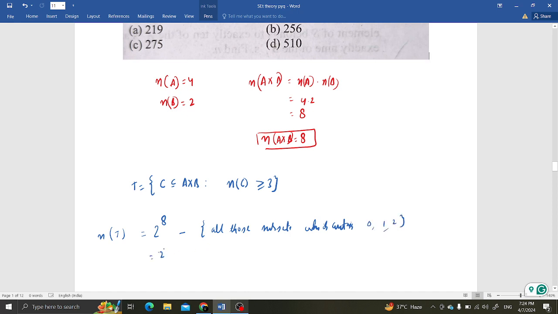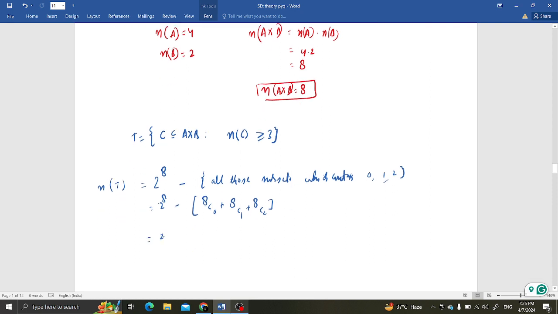So actually 2 raised to the power 8 minus 8C0 ways, 8C1 ways and 8C2 ways. Actually they are, 8C0 means the empty set. 8C1 means the collection of all those singleton subsets of A cross B, that is one element. Obviously 8 will come, and 8C2.